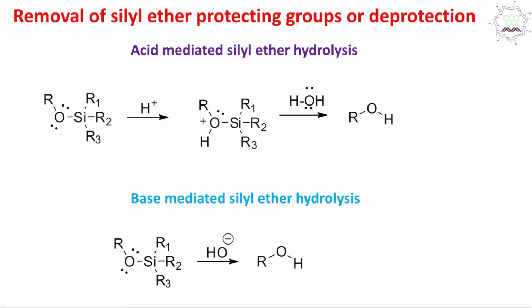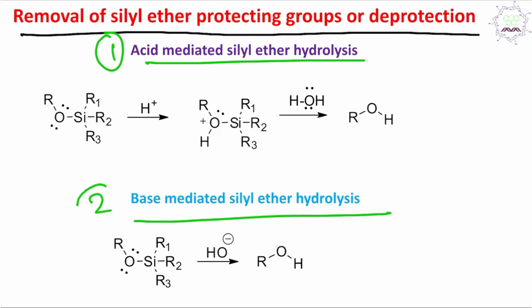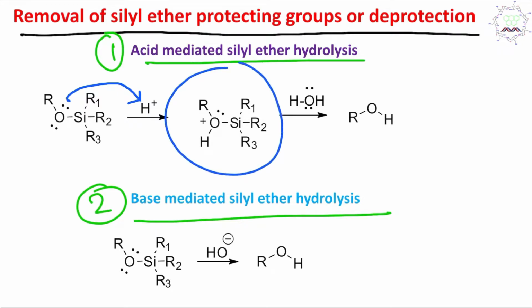And for the removal of silyl ether to get the final alcohol, 4 methods are actually available. First is the acid mediated method, acid mediated silyl hydrolysis, and second is base mediated. Now let's learn one by one. In case of acid, what happens? The lone pair of oxygen acts as a base and protonates with H plus, ultimately forming a cationic species. This cationic species undergoes hydrolysis where water acts as a nucleophile and the final alcohol is produced.